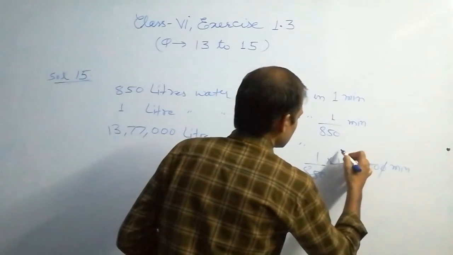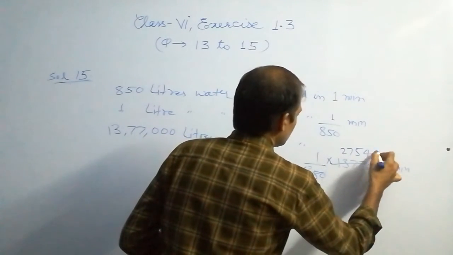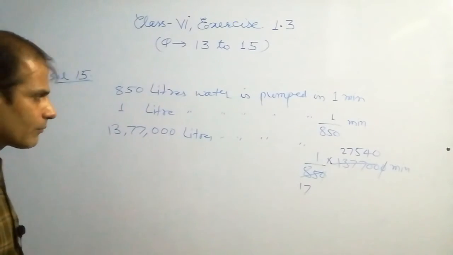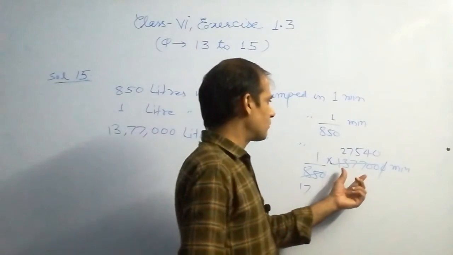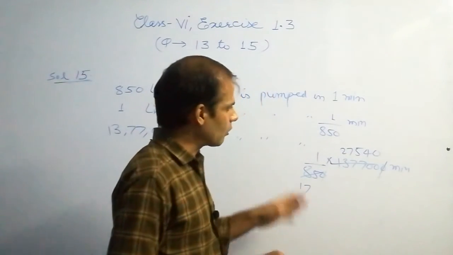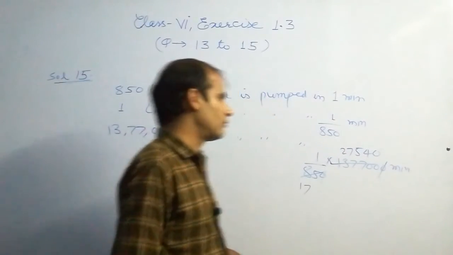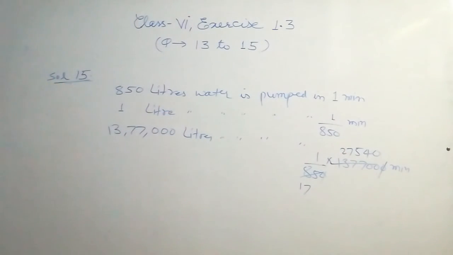and this is 27540. Okay, you can divide this number by 5 because I have already solved it, so I have written the value. Now as you can see, in both the numbers, the first number has 0, but in the second number, that is 17, it doesn't have 0 or 5. So these numbers cannot be divided by 5.